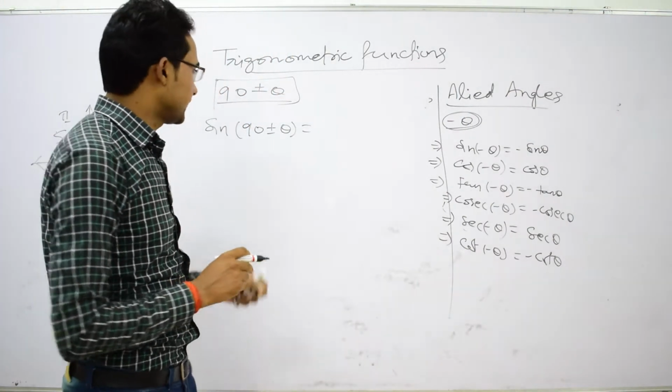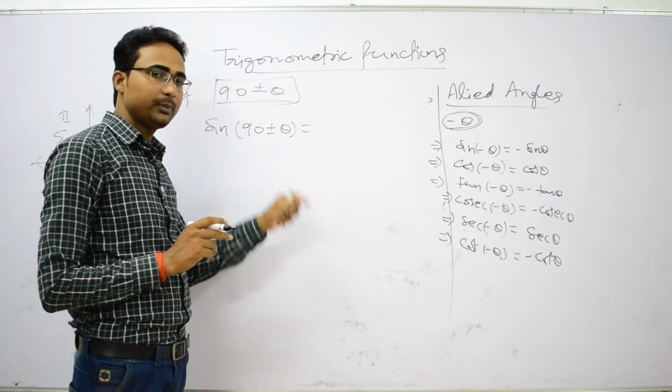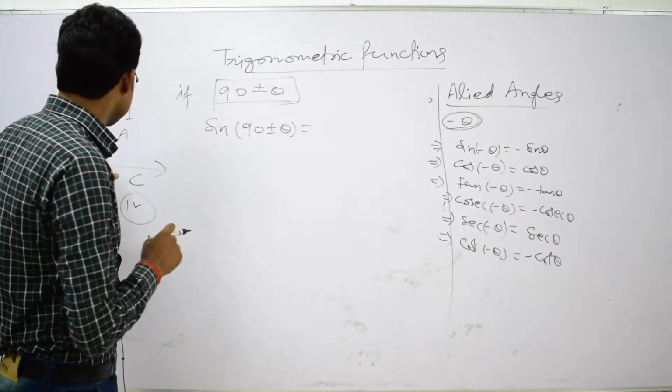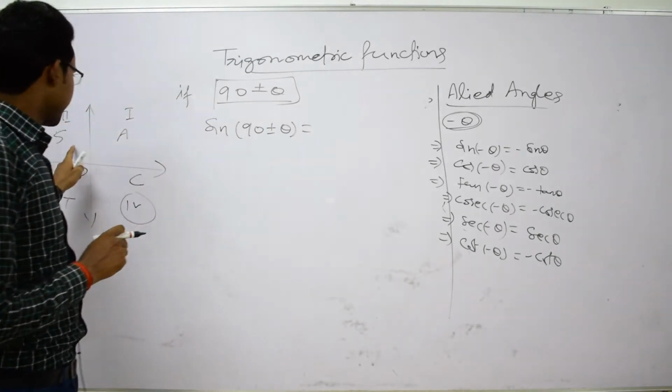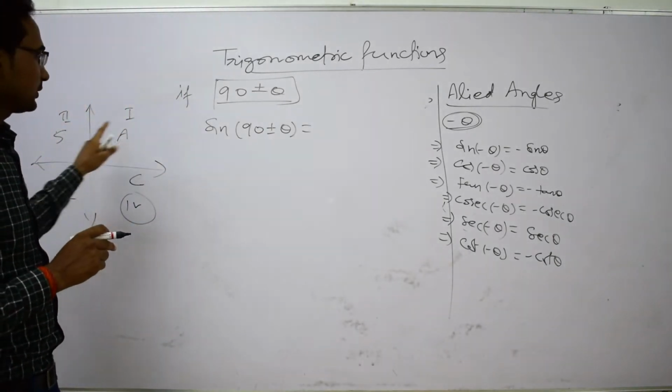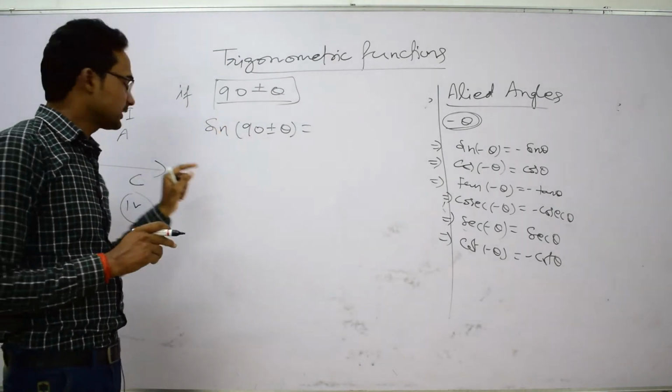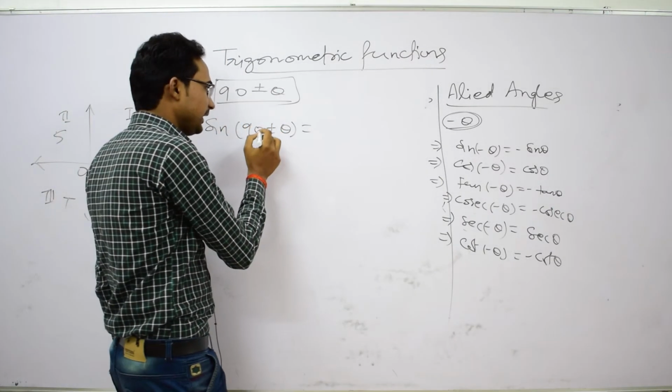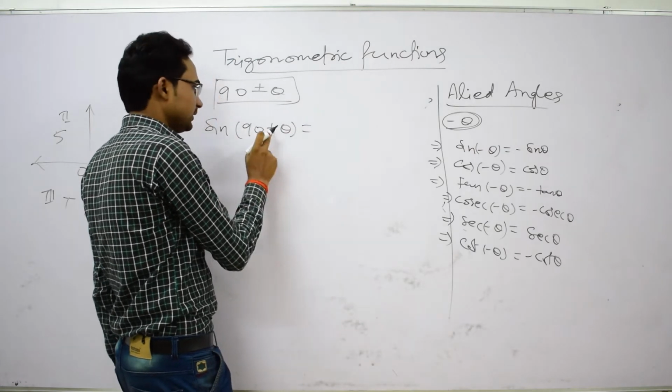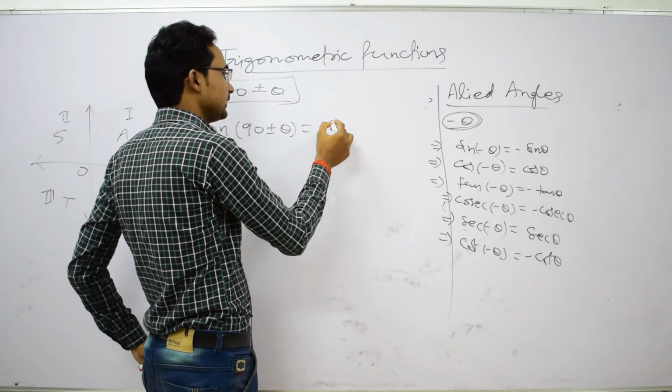So, 90 plus minus theta, that means just look first at 90 plus theta. So, 90 plus theta, that means this is second quadrant. Okay. So, in second quadrant sin is positive. Okay. So, sin 90 plus theta, that means this 90 plus theta we can write here.